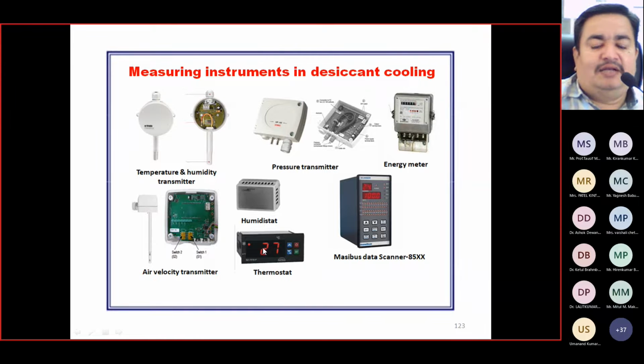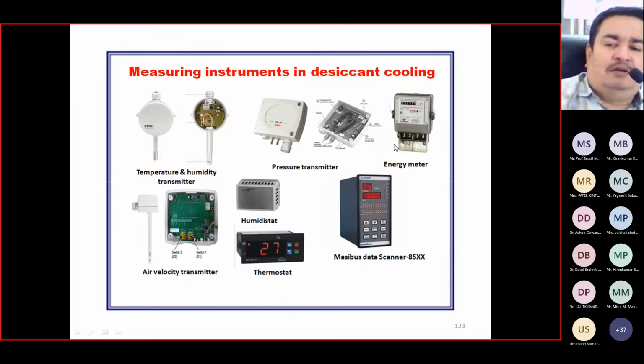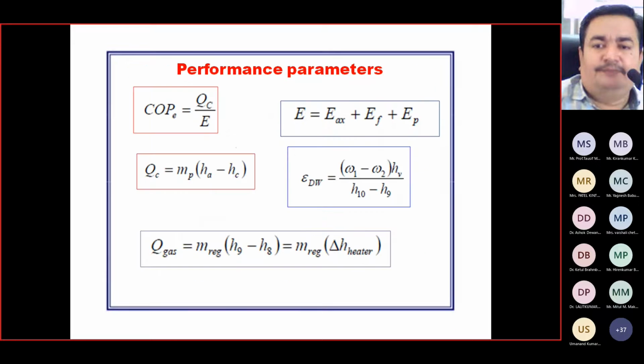On reaching the achievable temperature range, it will switch off the cooling coil by switching off the fans connected for the conditioned air supply. A Modbus data scanner is used primarily for runtime simulation data during the working. An energy meter measures the electricity consumption of the system.